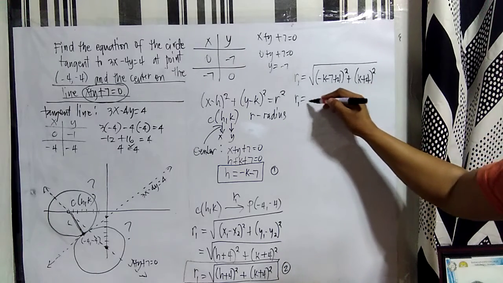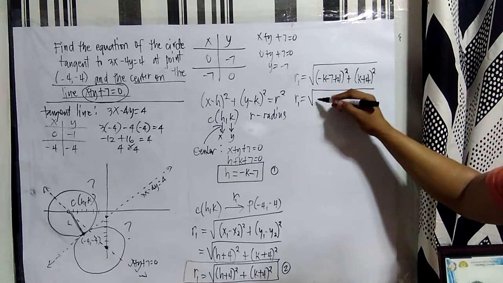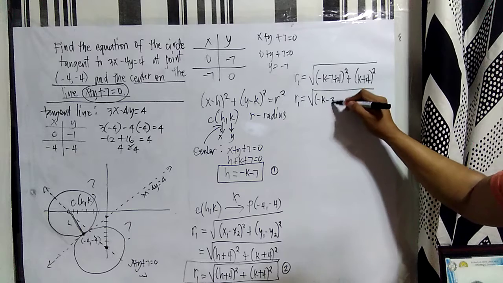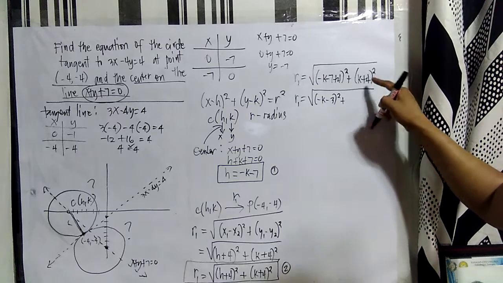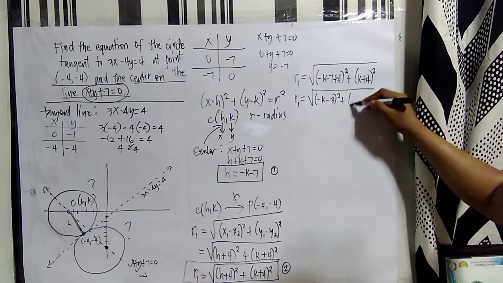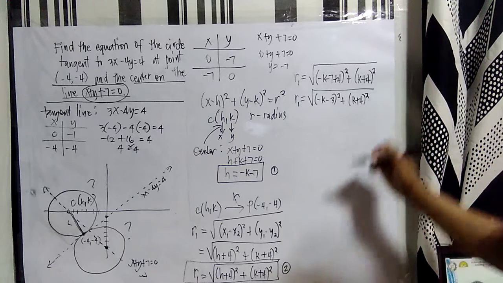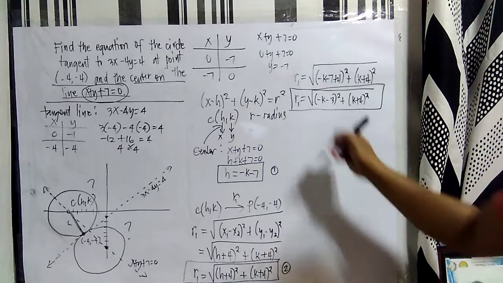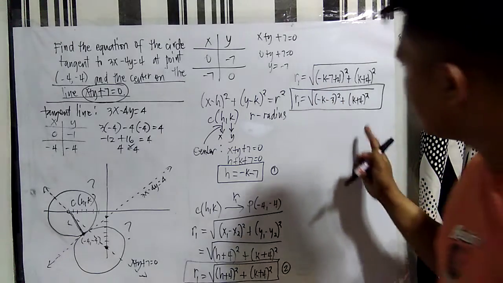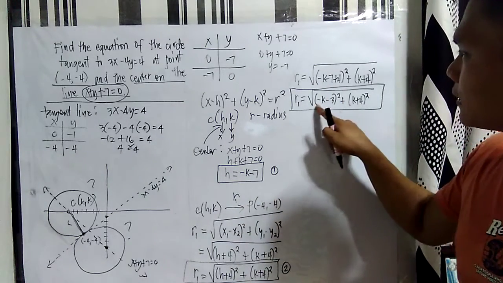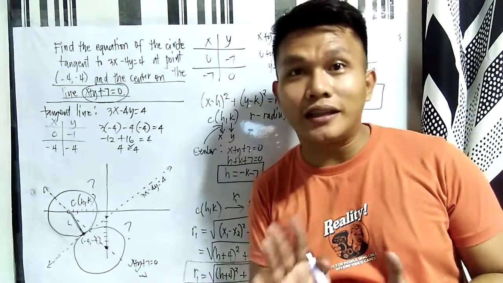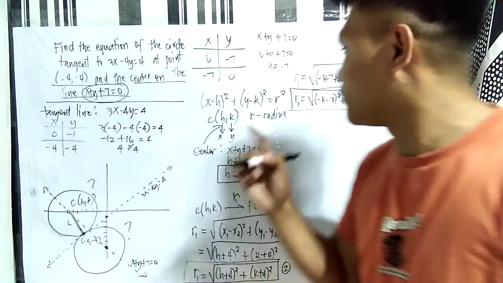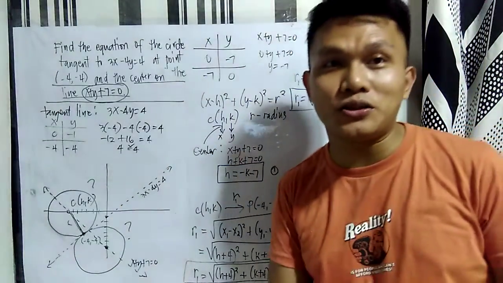So our r sub 1 now is equal to the square root of negative k, negative 7 plus 4 is negative 3 square, plus we have k plus 4 squared. So this is our second equation, na kung saan, kung mapapansin nyo, lahat ng ating variable under the radical sign is k, for the first equation of our radius.